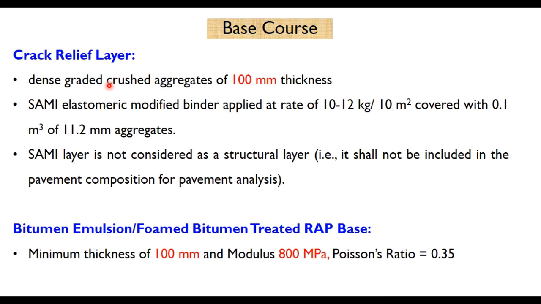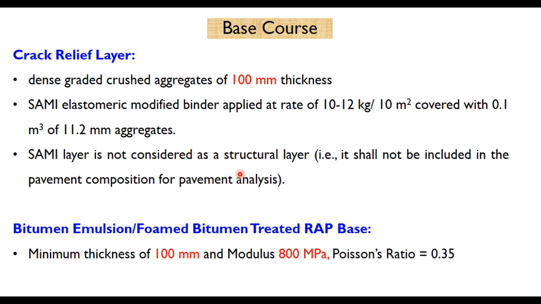This layer can be of dense graded aggregate of 100 millimeter thickness, or it can be a stress absorbing membrane interlayer, which is elastomeric modified binder applied at the rate of 10 to 12 kg per 10 meter square, covered with 0.1 meter cube of 11.2 millimeter aggregates. But when SAMI is provided, it is not considered as a structural layer. That means it is not included in the pavement composition.